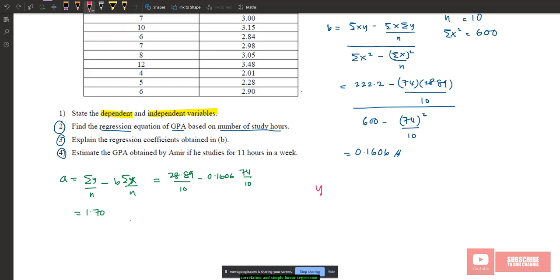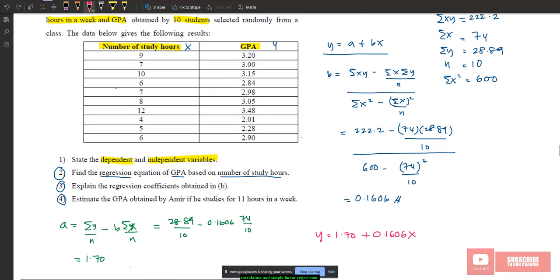Y equal to A is 1.70, B is 0.1606, since B is positive, plus 0.1606 x, where we know x is the number of study hours and y is GPA. So this is how we obtain the regression equation, right?